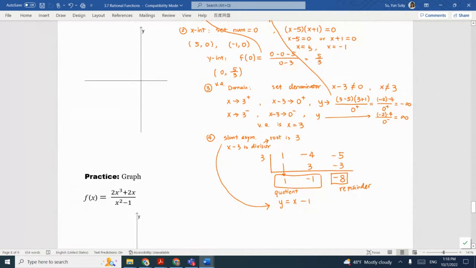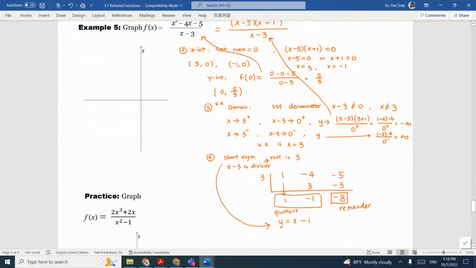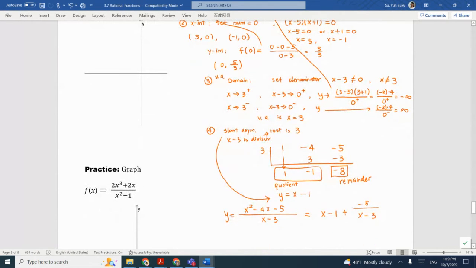This is how we find the slant asymptote. You might ask, why is that? Using synthetic division, when we start with x squared minus 4x minus 5 over x minus 3, that equals the quotient plus the remainder over the divisor. Yes, everybody? Now imagine when x goes to infinity.